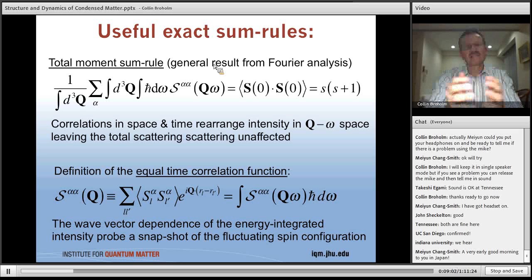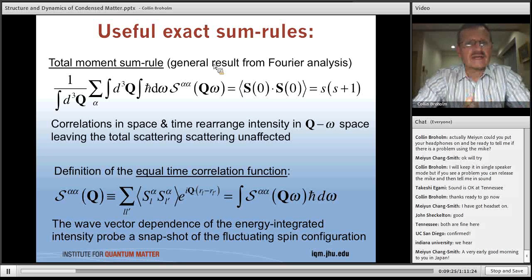This comes out of the total integral of the phase factor e to the i q·x, with e to the i omega t, which becomes a delta function in time if I integrate over frequency, or in frequency if I integrate over time. So the total integral relates to the equal time part of the correlator and equal space part of the correlator if I carry out the integral over momentum space as well.